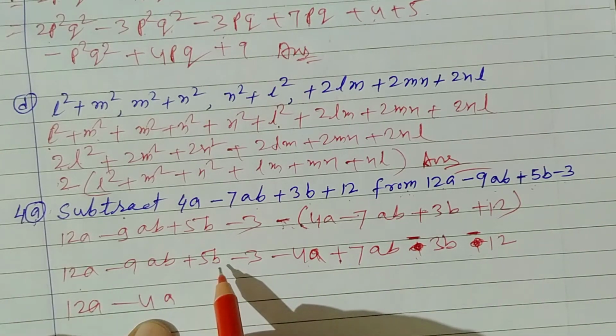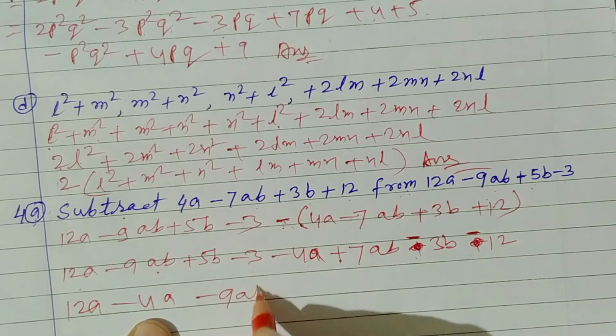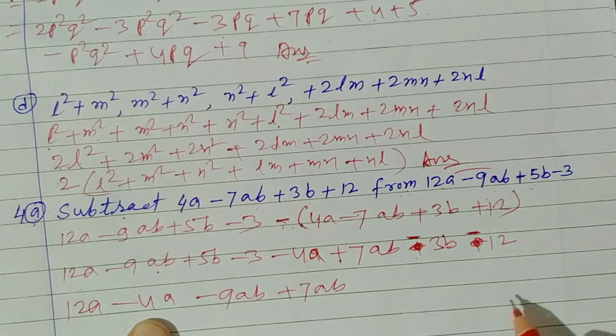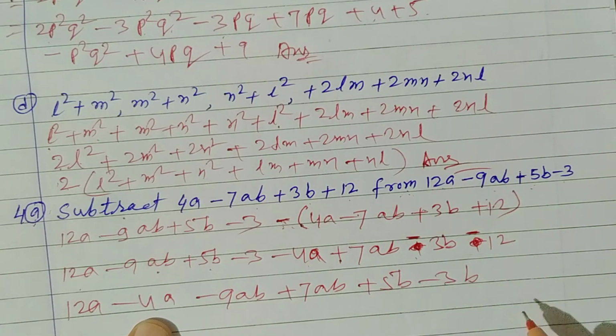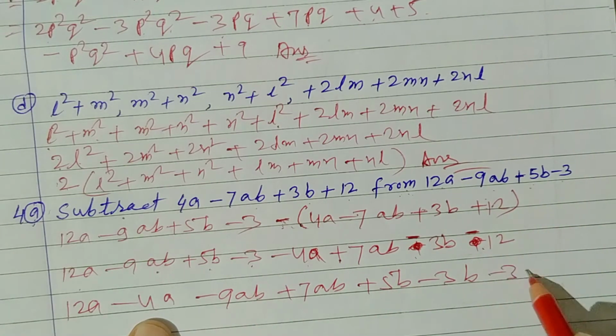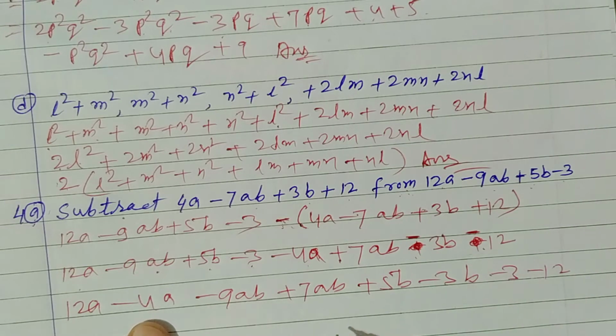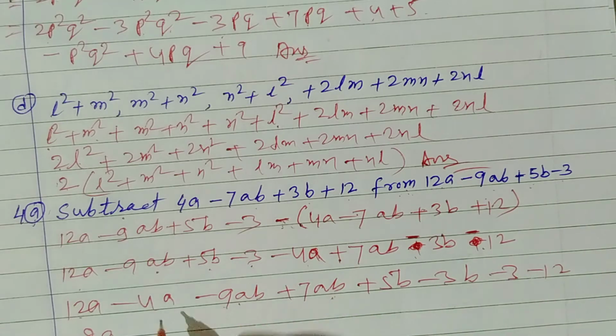After that the ab terms: minus 9ab plus 7ab. After that 5b minus 3b. After that minus 3 minus 12. Okay, after that what can we do? 12a minus 4a is 8a. After that minus 9ab plus 7ab, so minus plus, so minus 2ab.